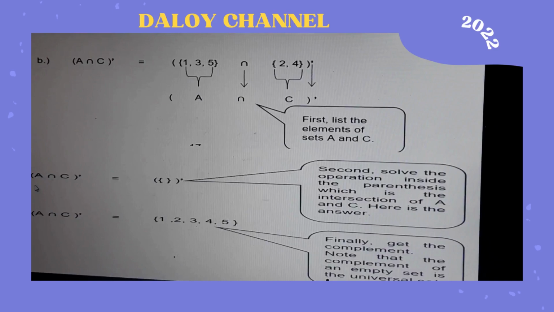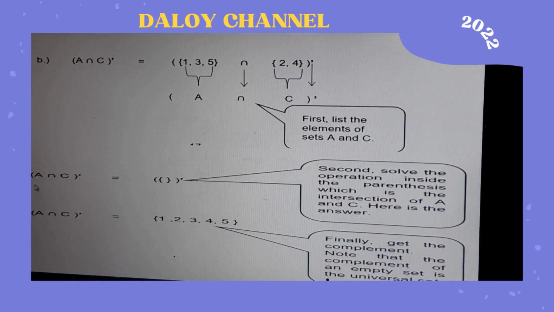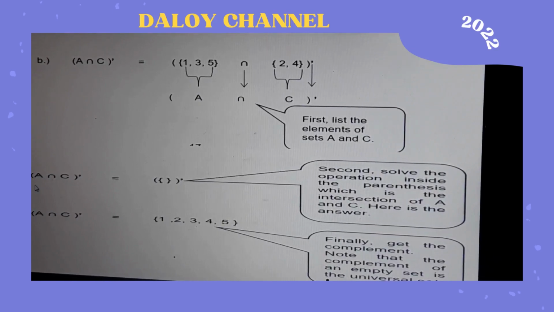And yet you're required to find the complement of the empty set to the universal set. So therefore, the A intersection C complement would be all the elements in the universal set: 1, 2, 3, 4, and 5 is our answer.